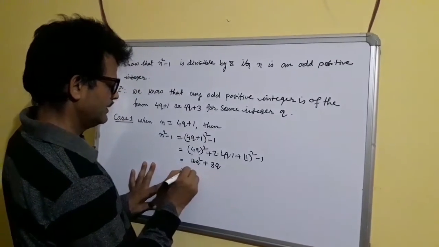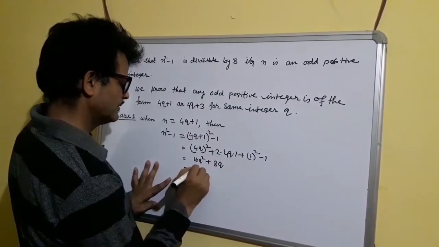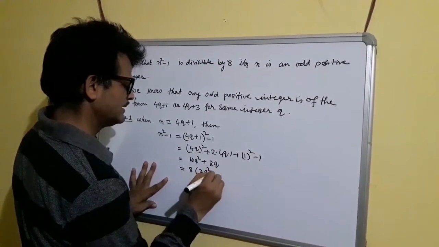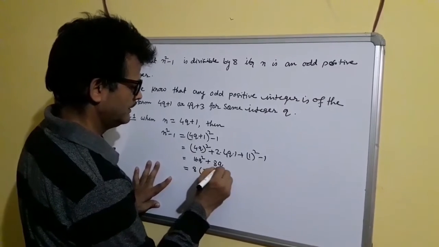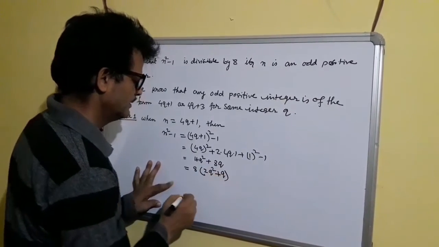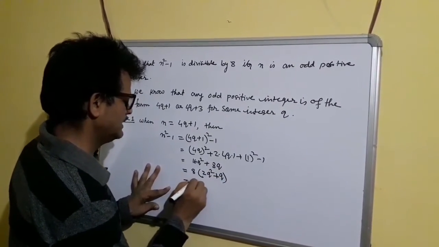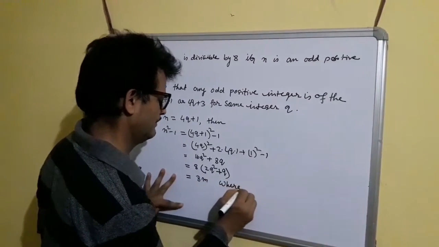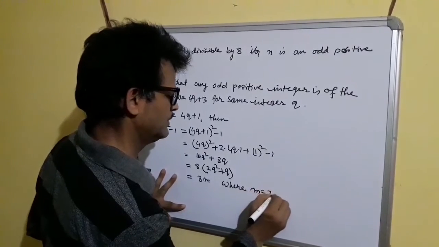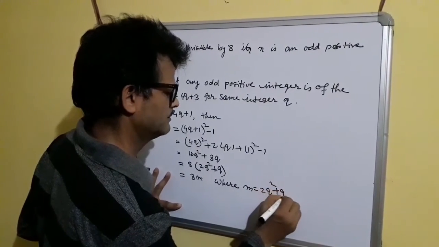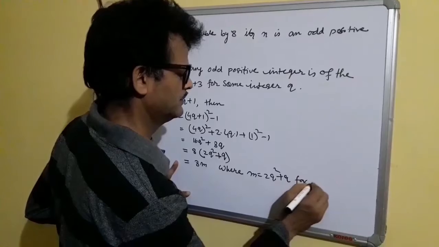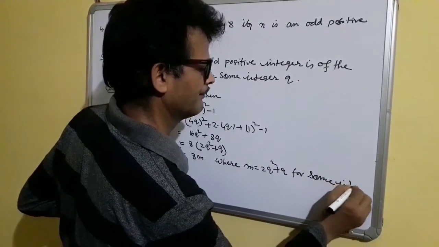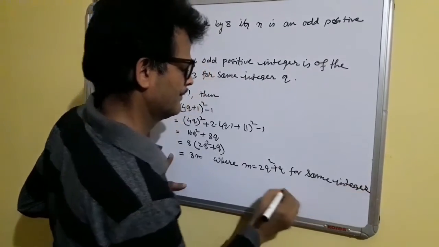So from these two terms we take 8 common, then we have 8 times (2q square plus q). You can write it in this form also, 8m, where m is equal to 2q square plus q for some integer m.